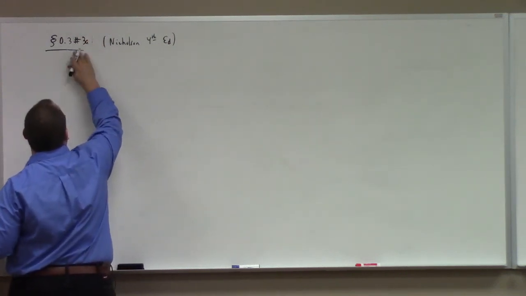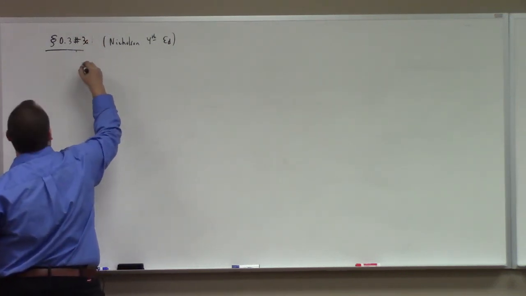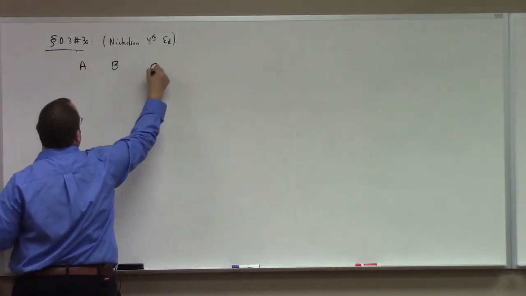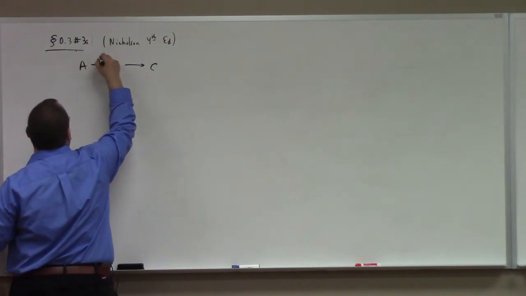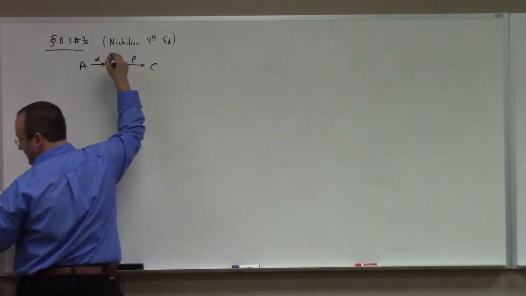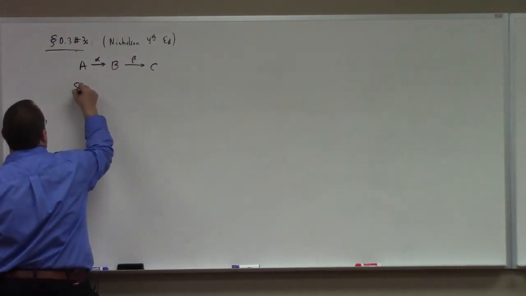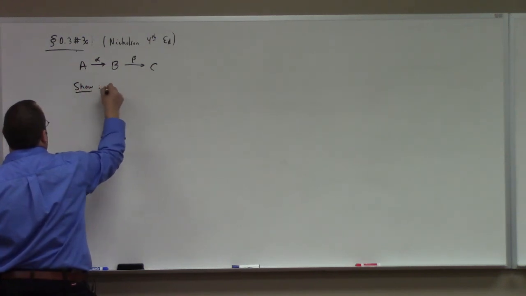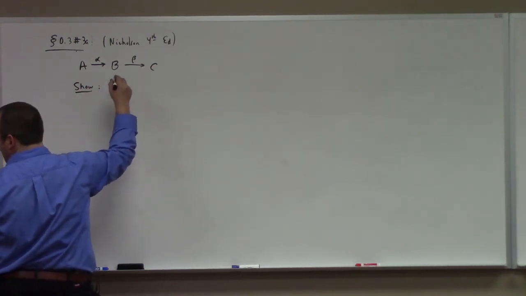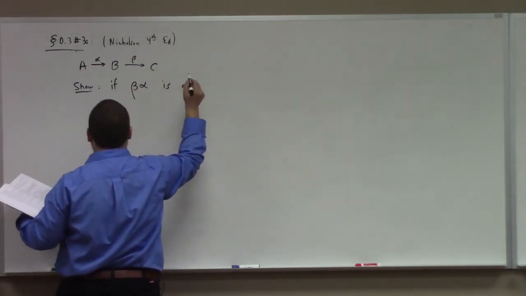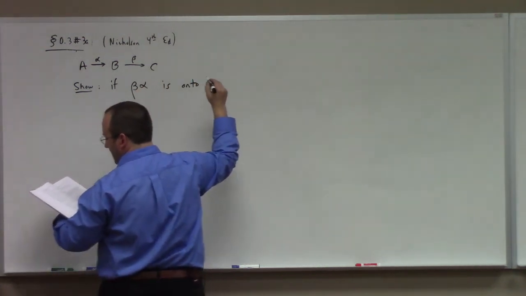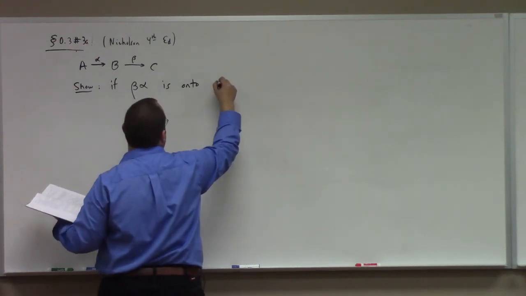3a. So it's simply this. We have A, we got B, we got C, we got some maps. The maps are alpha and beta. And the question is to show if beta alpha is onto, all right, then beta is onto.